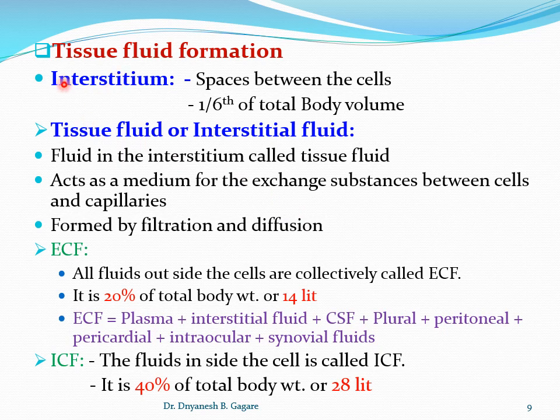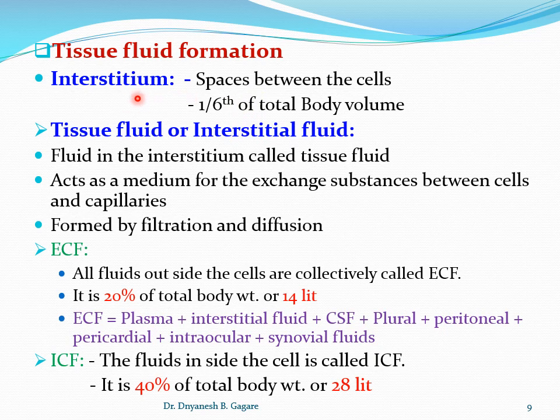In the previous class we already started our discussion about tissue fluid formation. I told what the interstitium is. Interstitium means the spaces between the cells, and the fluid in the interstitium is called tissue fluid or interstitial fluid, and it is an important medium for exchange of substances between cells and capillary.